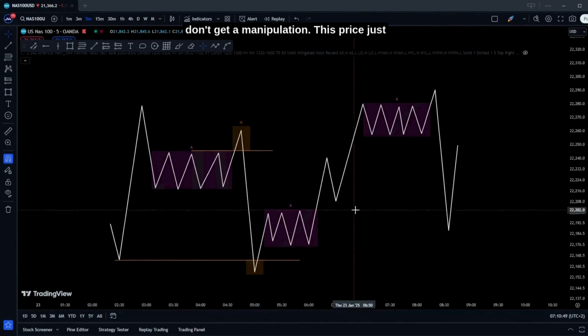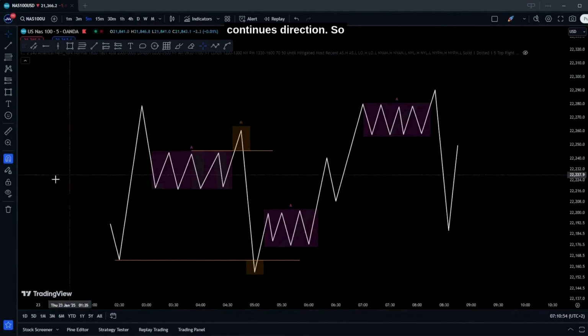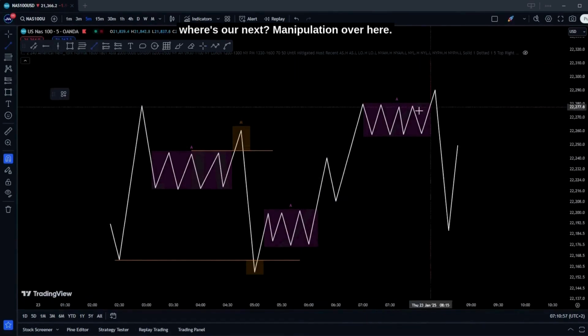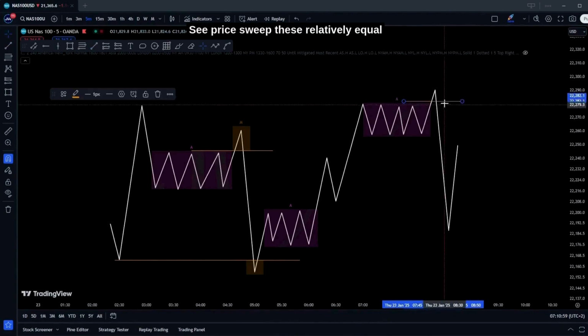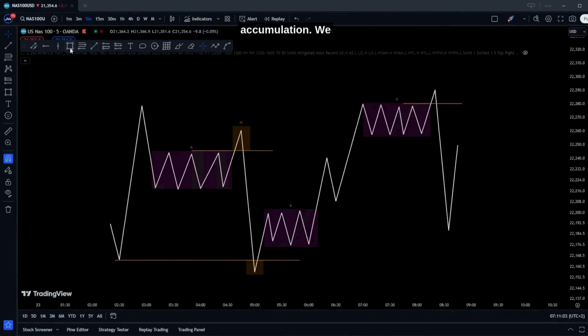Here we don't get a manipulation because price just continues direction. So where's our next manipulation? Over here. See price sweep these relatively equal highs at this accumulation. We manipulate it and we come back, reverse inside.